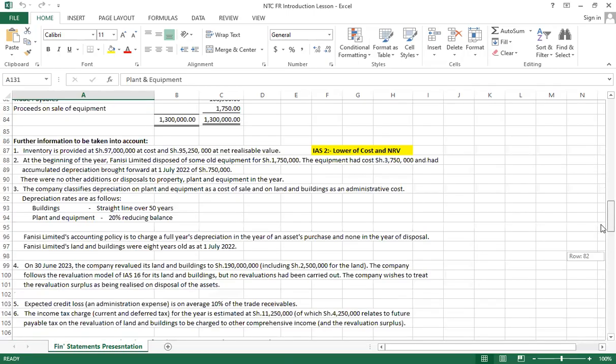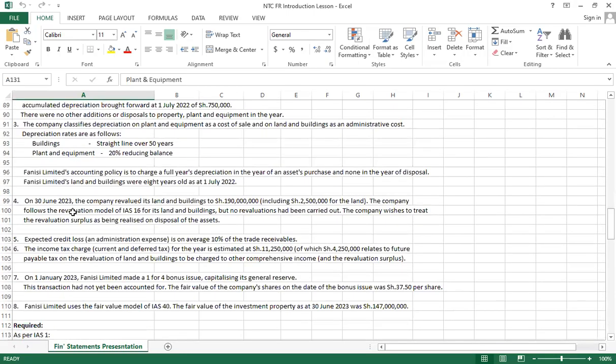Let's look at this note number 4. We are told that on 30th June 2023, the company revalued its land and buildings to 190 million shillings, including 2.5 million for the land.